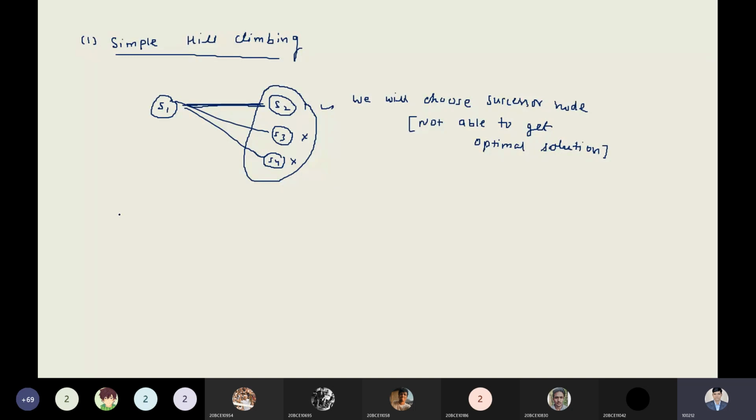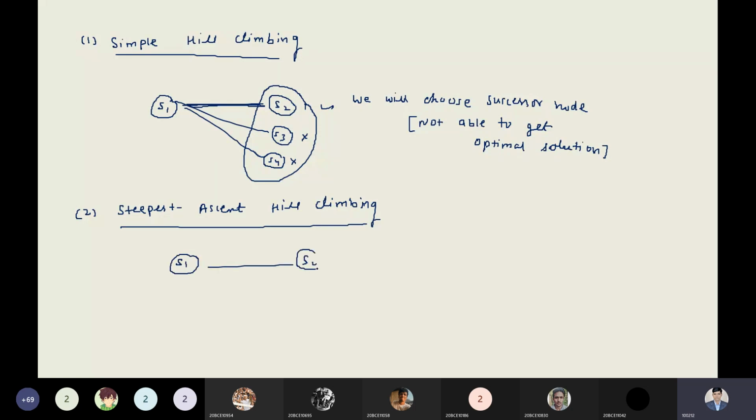And if we talk about our variant of the simple hill climbing, so what was the steepest-ascent hill climbing? In this case, what I'm choosing? S1 I have, S2, and I'm just taking all the same thing, and S4.